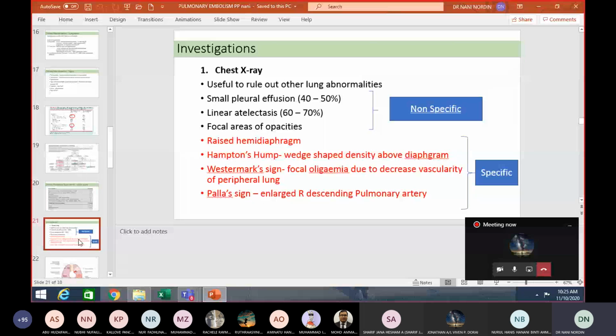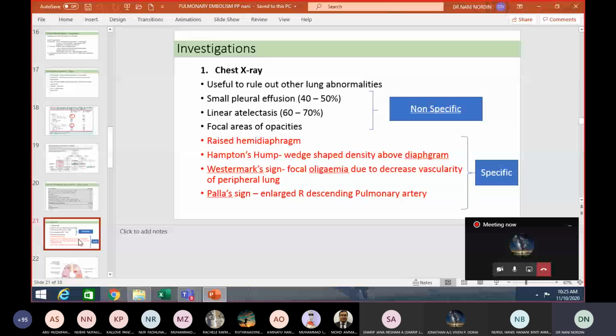So what sort of investigations can you do? You can do a chest X-ray. When a patient is having shortness of breath, the easiest, quickest, cheapest, most easily available, non-invasive test is the chest X-ray.